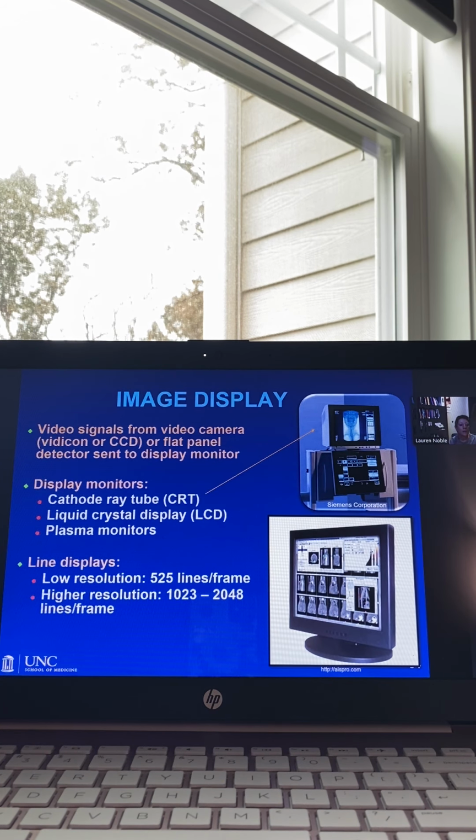Monitors such as liquid crystal displays or plasma monitors, which are these type of monitors here, yield higher resolution, anywhere from 1,023 lines to 2,048 lines. So we've got better spatial resolution with these monitors. In essence, it's like having smaller pixels.